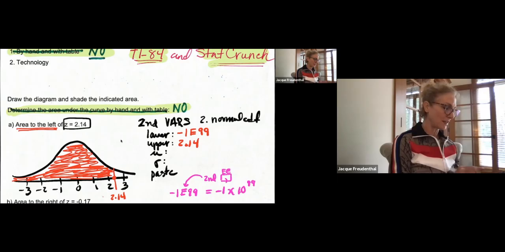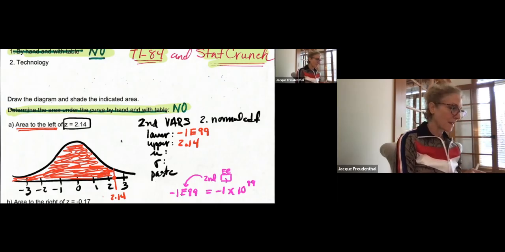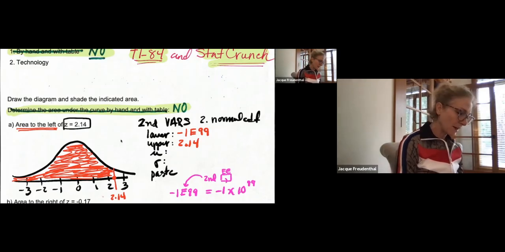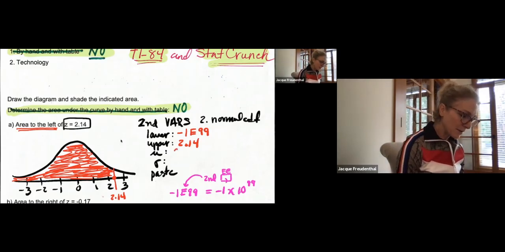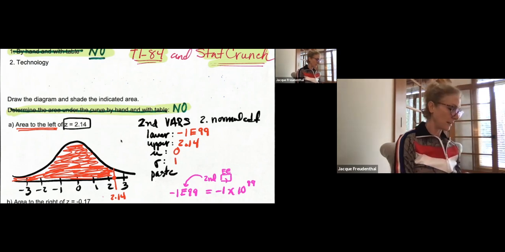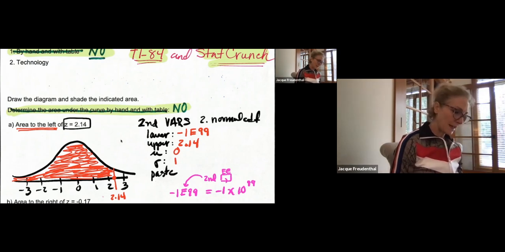That's the scientific notation button. So second, then the comma button, and then put your 99 in. Okay, and then the mean for standard normal, so the mean for z-scores is 0 and the standard deviation is 1. So 0 and then 1 and then hit paste and we get this.